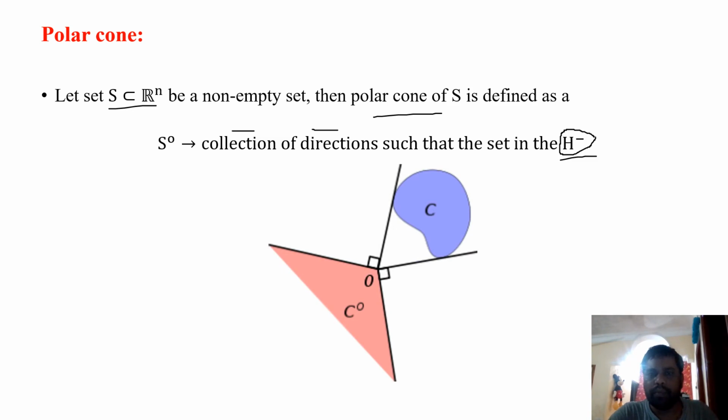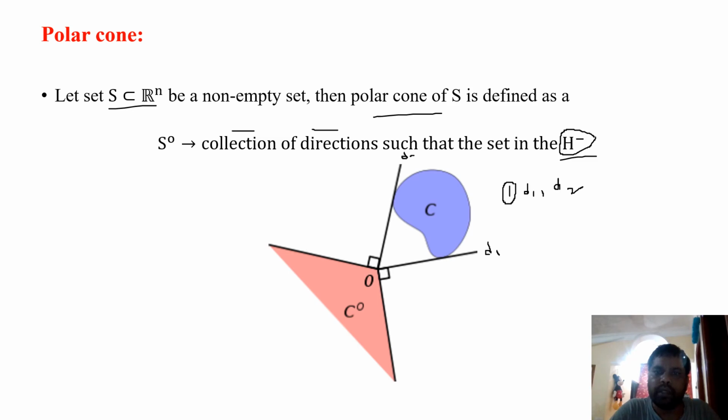Here one example we have already taken. So consider a set C. Again, I will talk about the algorithm. The first criterion is to find the extreme directions. I'm directly giving D1; I had already mentioned how to find extreme directions. So this set C has two extreme directions: one is D1, another one is D2.